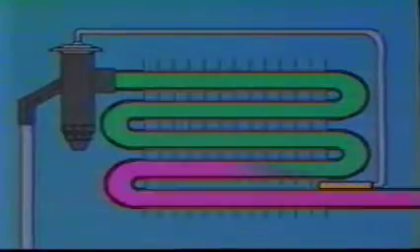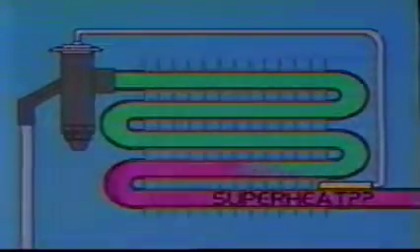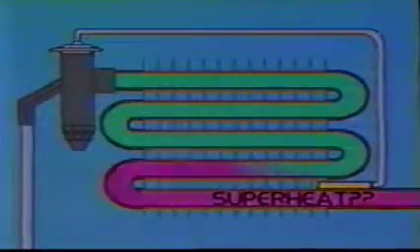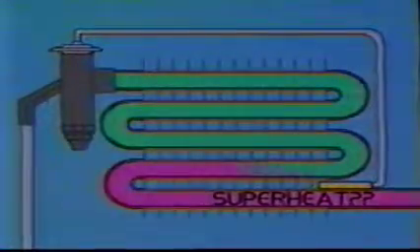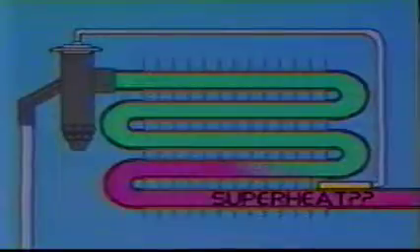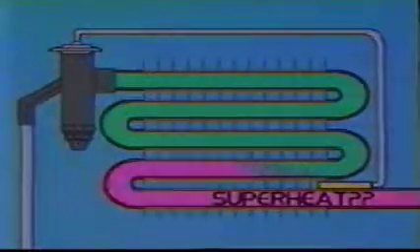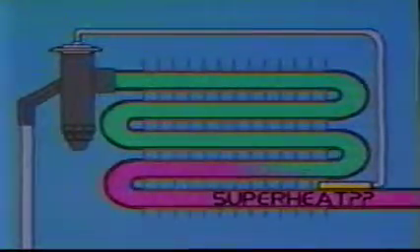In the case of the TEV, we are controlling liquid feed to an evaporator based on the amount of superheat that is in the vapor as it leaves the evaporator. That superheat quantity is the difference between the actual temperature at the evaporator outlet and the saturation temperature of the refrigerant determined by the suction pressure.